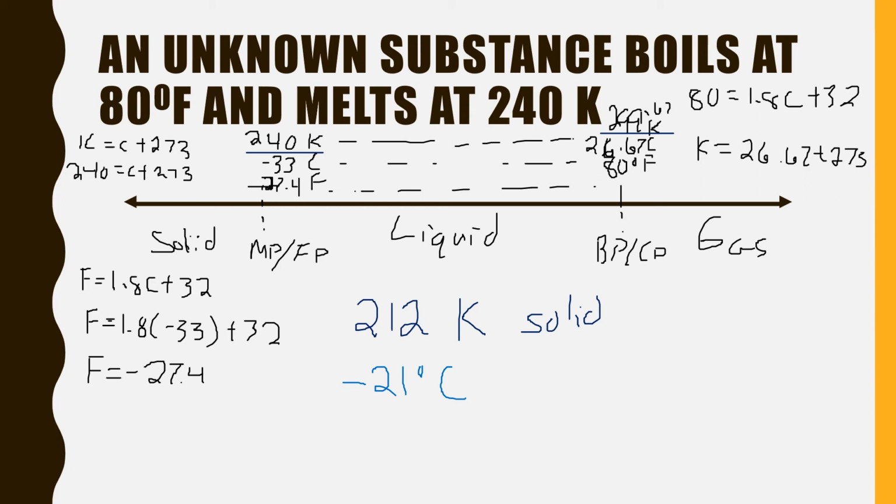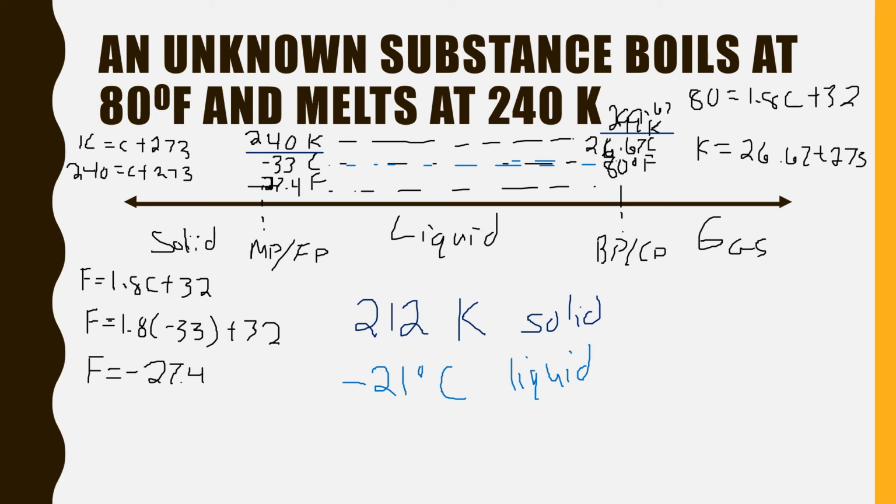Well, remember, with negatives, 0 is to the right. So the smaller the negative, the bigger the number. Negative 21 falls in between these two numbers. That makes it a liquid. Pay attention to the negatives.